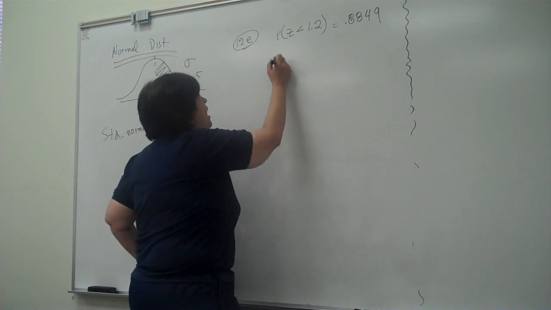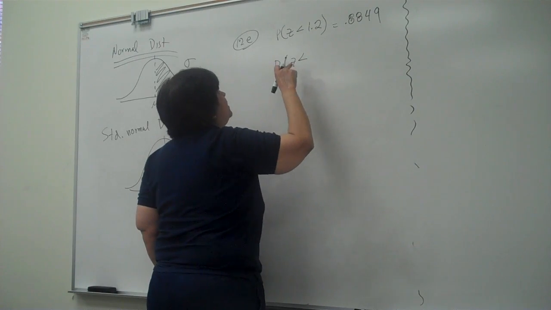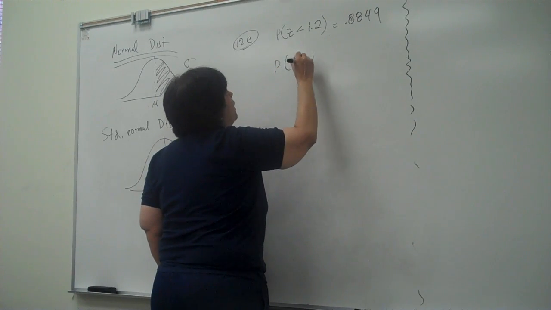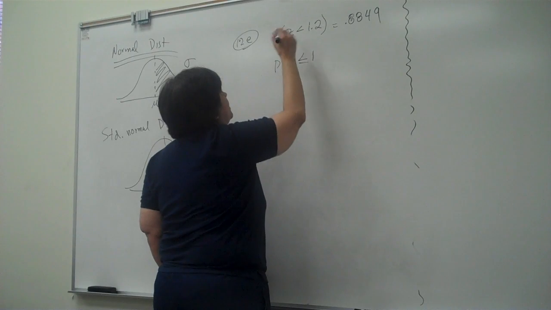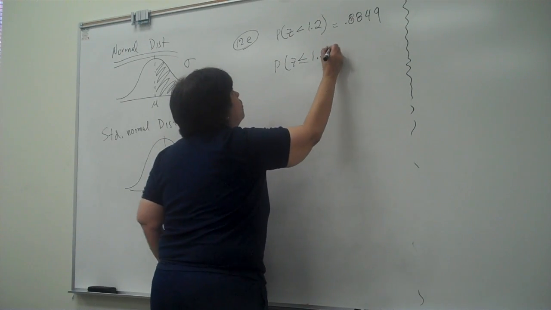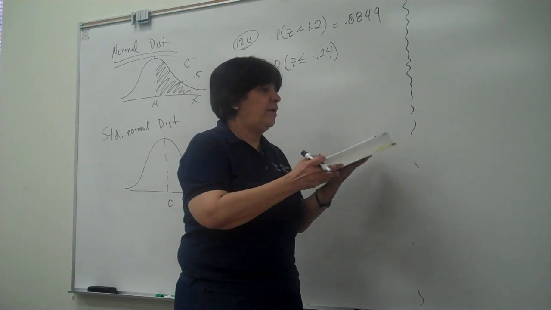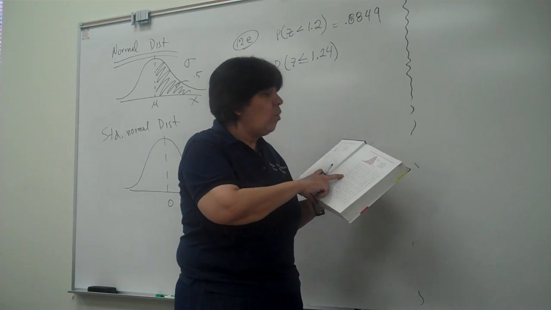Now, let's say that I have, what is the probability that z is less than 1.24? Less or equal is exactly the same as less. So I'm going to go back to my book and find 1.2.